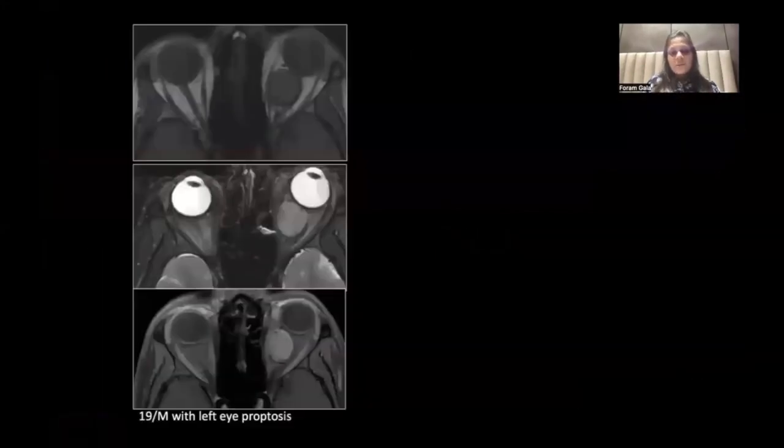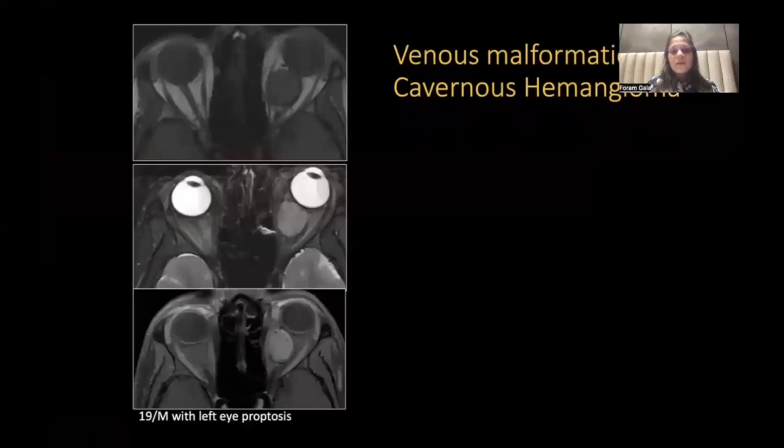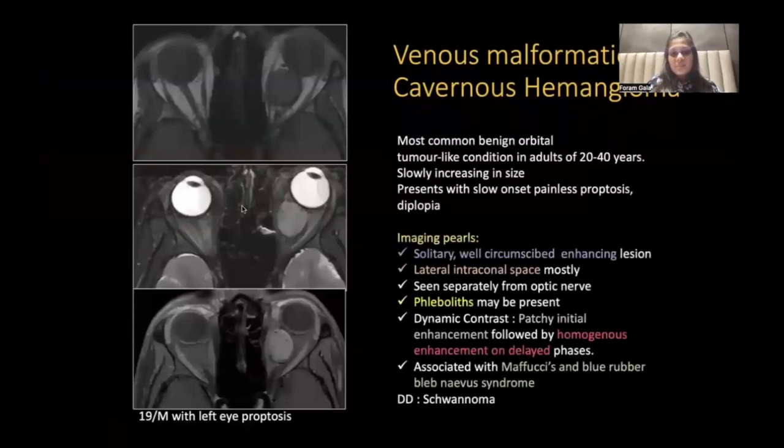Okay, now another child who comes with proptosis, and here we see a homogeneous, well-defined, well-enhancing T2 hyperintense lesion along the intraconal space of the orbit, and this is a venous malformation. Earlier it was called cavernous hemangioma, and usually it's seen in adults between 20 to 40 years of age.